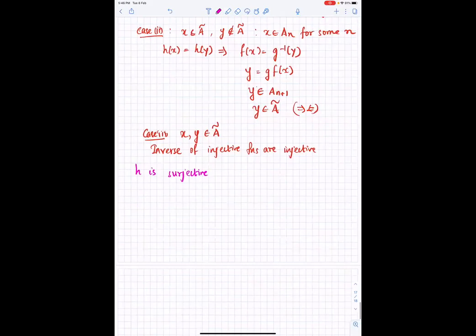Now to show that h is surjective, what we need to do is, for every element z in B, we need to show that there is an x in A such that the image of x under h is z.